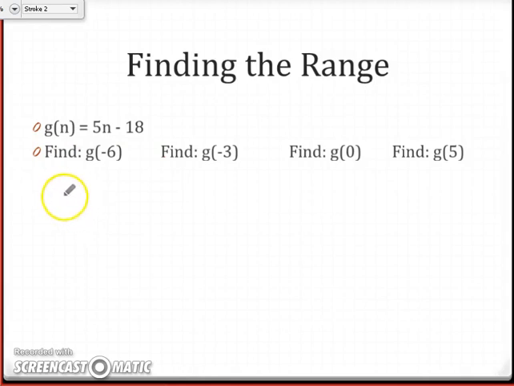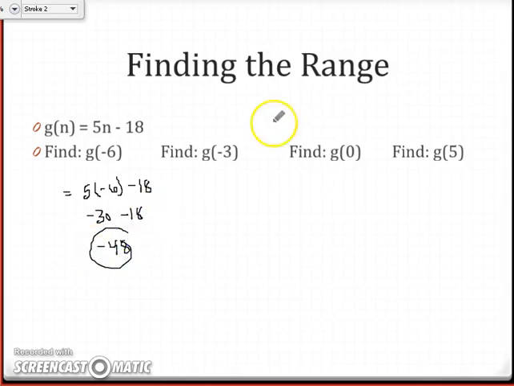So if I were to try this, 5 times -6 minus 18, -30 minus 18, our first number would be -48. Trying it with -3, 5 times -3 minus 18, so -15 minus 18 will give us -33.